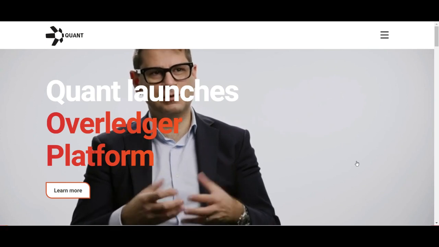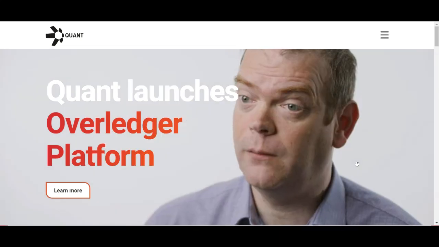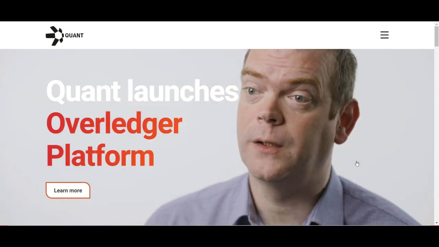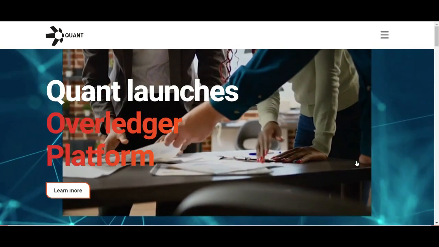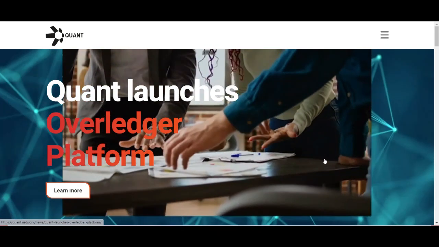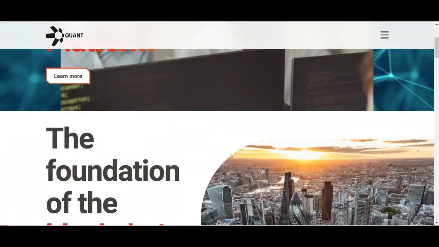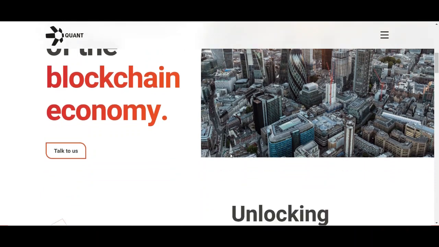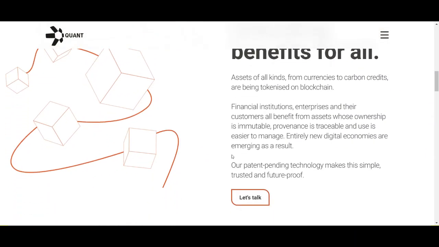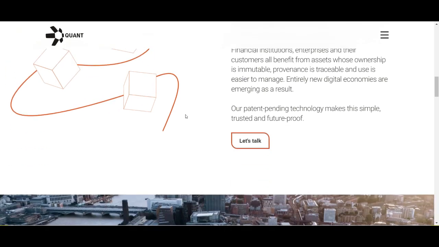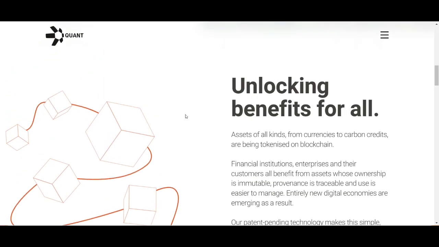This overledger is basically a system, right? So they put this system in place to be able to make transactions happen and communicate in such a way that they built it where you could use multiple chains going into one system. All right, and this is called the overledger.